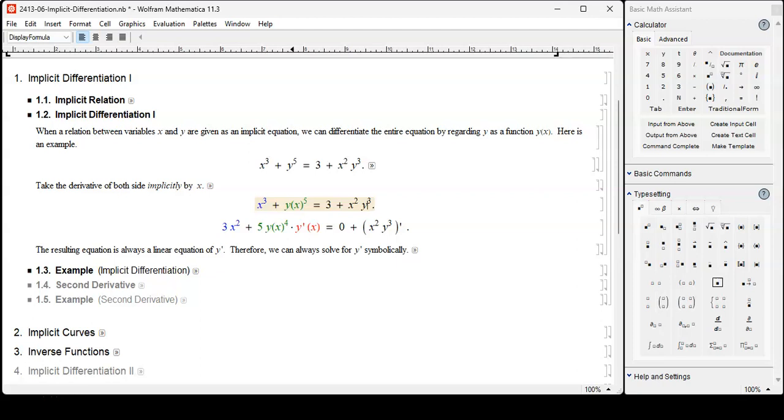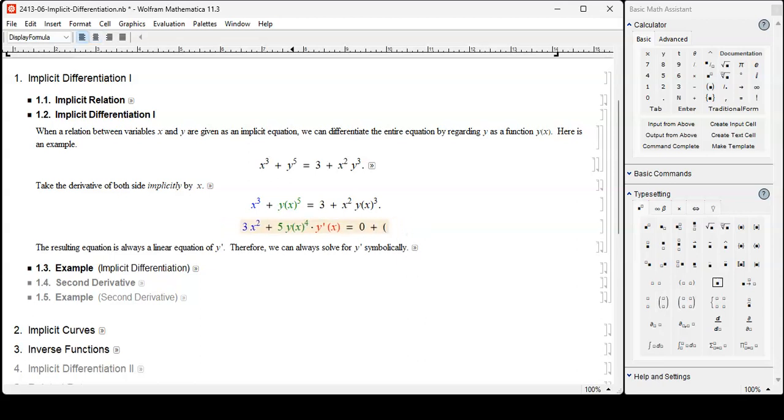If you use that viewpoint, y is actual y of x to the certain power, then x squared times y cubed can be rewritten this way as well. And then we can use the product rule.